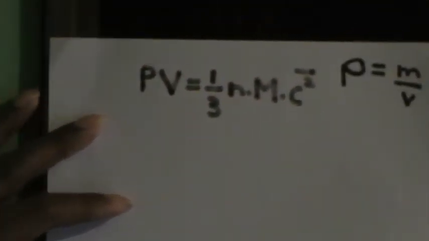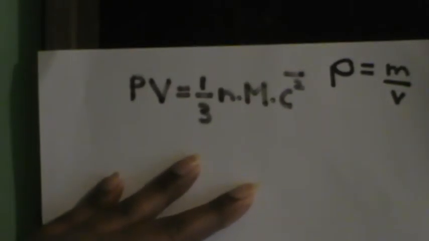What I will do here is derive another equation, in order to solve the problems we will be facing under gas laws. You know that rho equals M by V, the density of a gas, or any solid or liquid, is equal to the mass of the system divided by its volume.